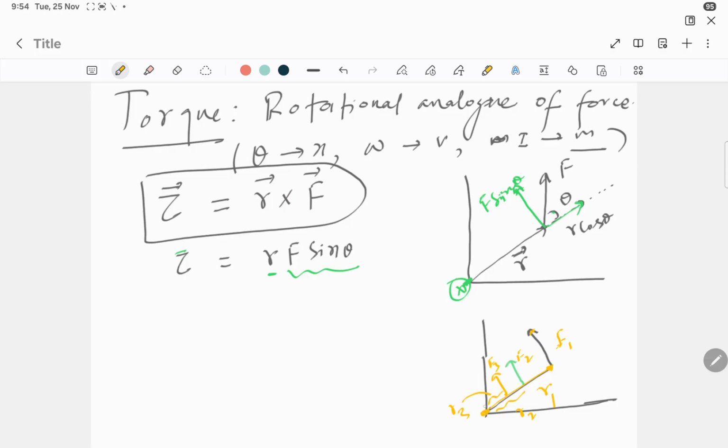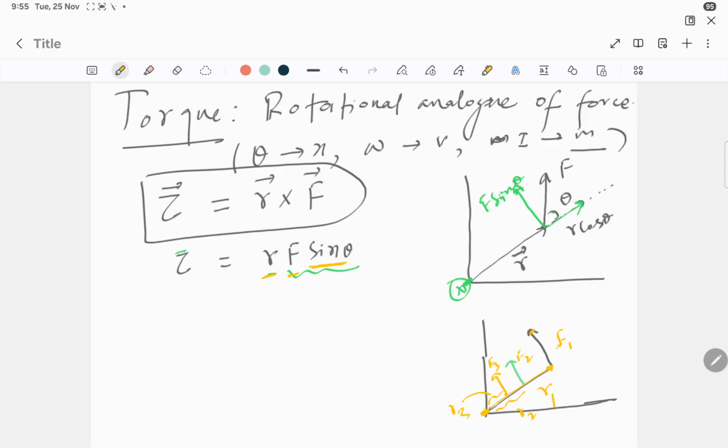In particular, if force acts at the axis of rotation, there will be no rotational effect. That is the reason why R is there as a product. The greater the R, the more the effect of rotation. Later I will call it angular acceleration, which will be more if R is more and F is more.